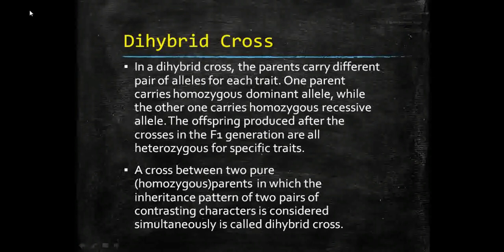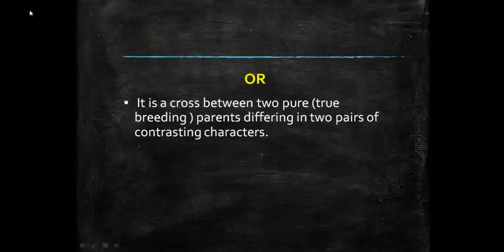So this is a cross between two homozygous parents. He took two homozygous parents whose inheritance pattern he wanted to study, and he selected two contrasting characters. So it is a dihybrid cross.